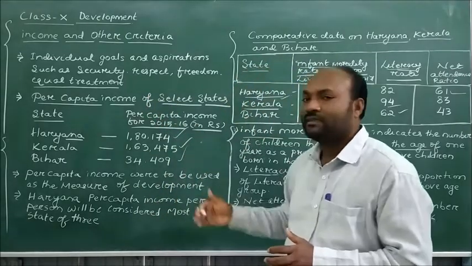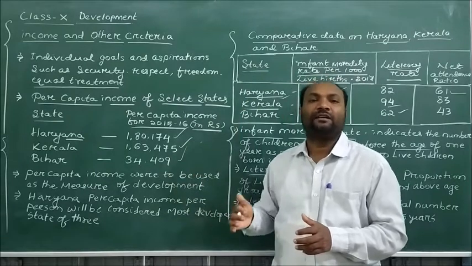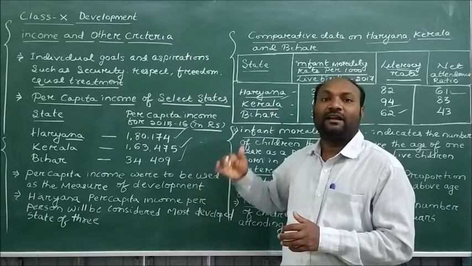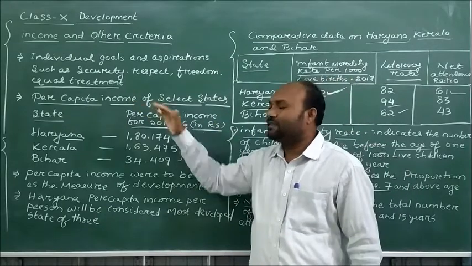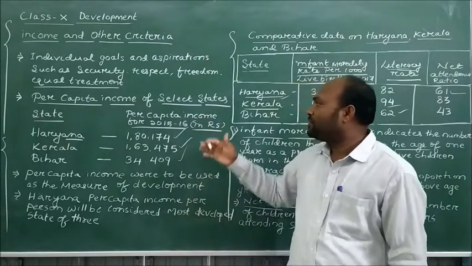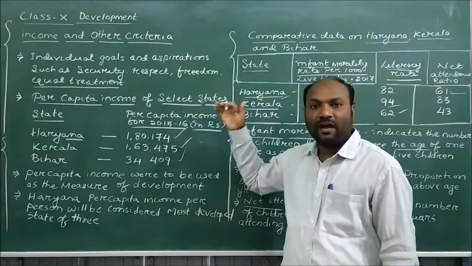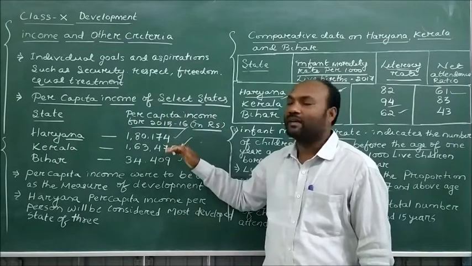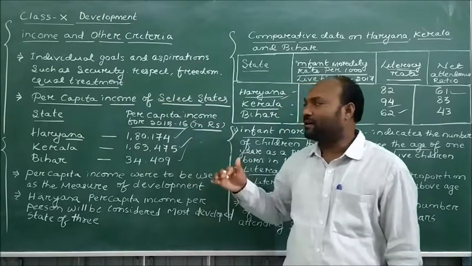In order to measure the development of the major states of India, here we have taken another criterion, and the criterion is known as per capita income.